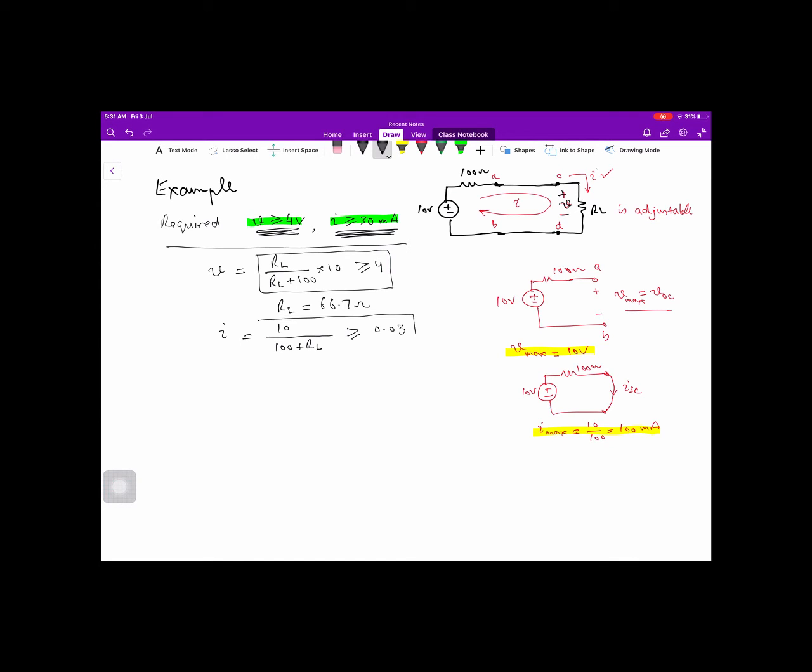Now if we solve this equation for RL, we get 233.3 ohm. It shows that any value of RL between 66.7 ohm and 233 ohm will meet these two conditions, the current and the voltage condition.